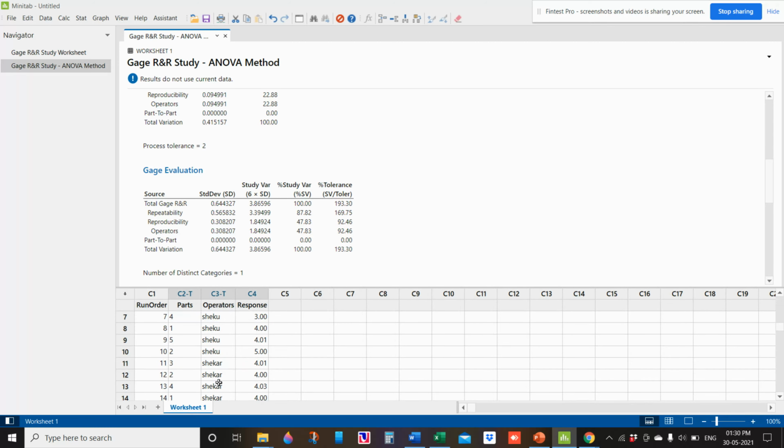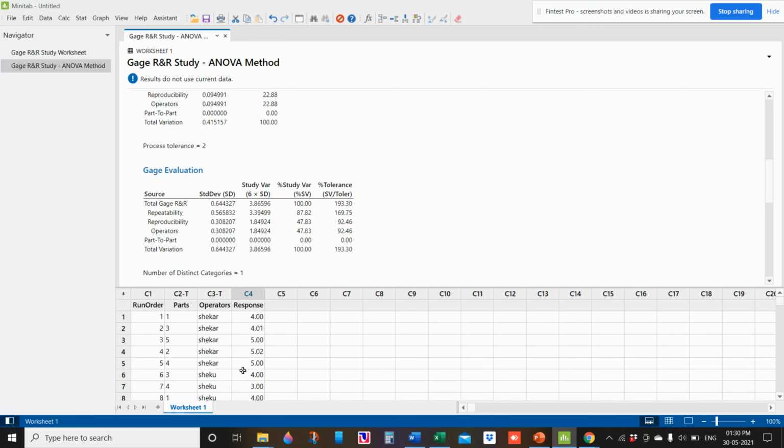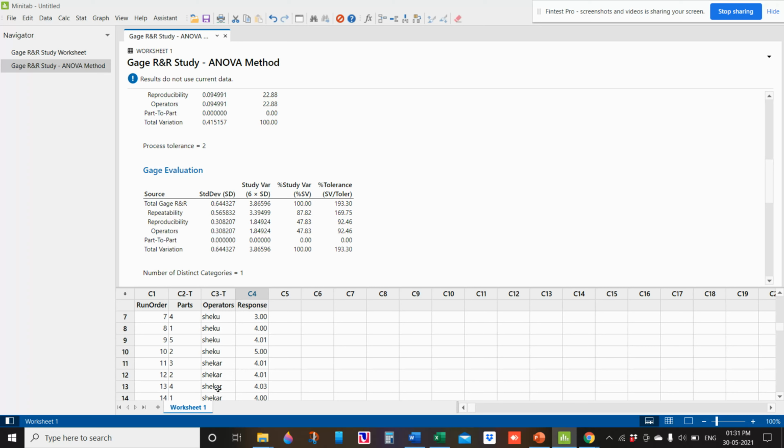Shaker 2, where is Shaker 2? Again I'll make it 4.01. Then coming to the next one, Shaker 4 has told 5. Here Shaker 4 has told 4.0, so I'll make it 5.01.